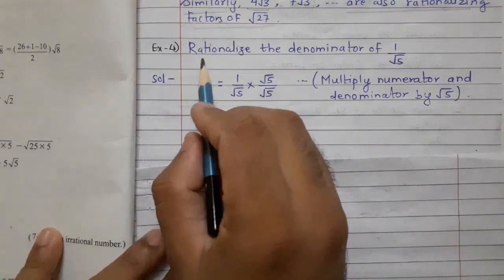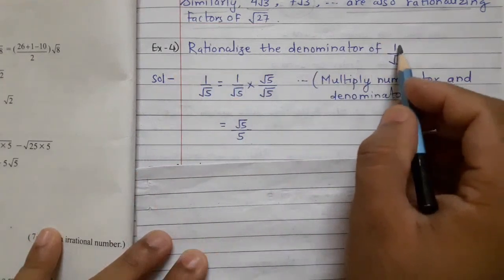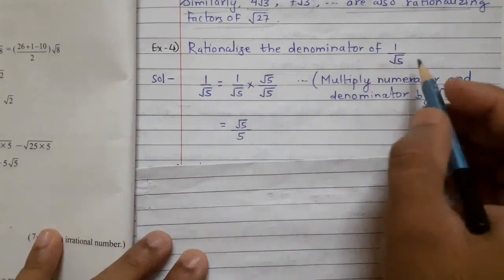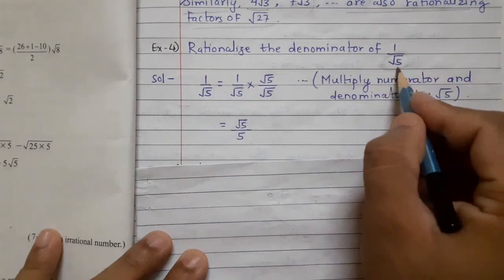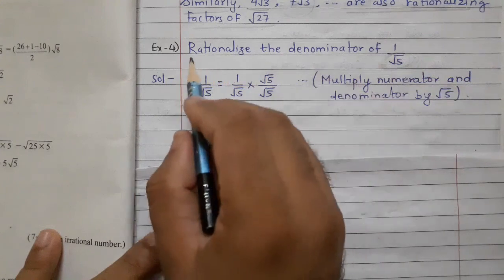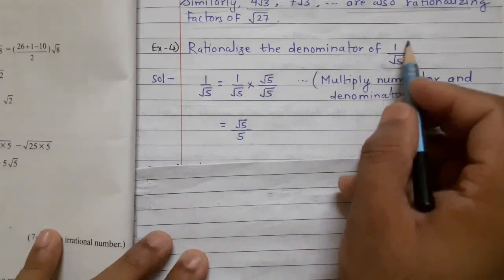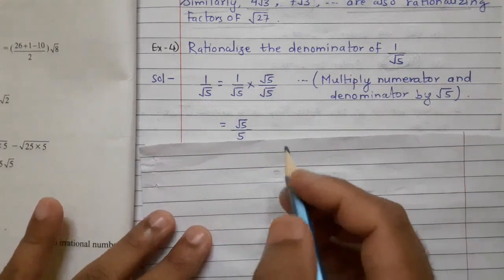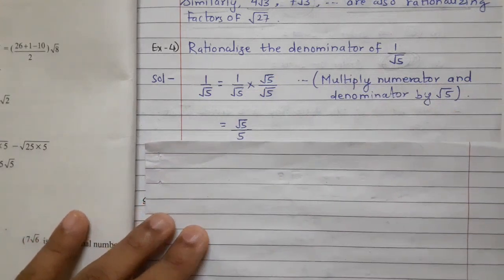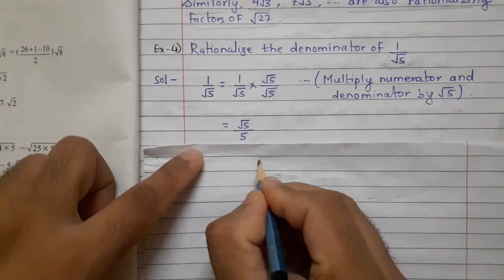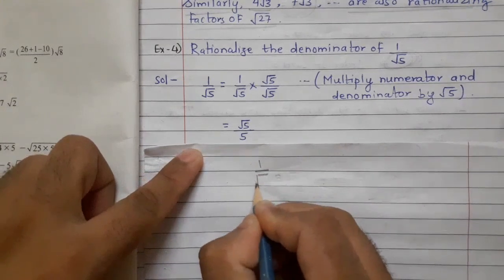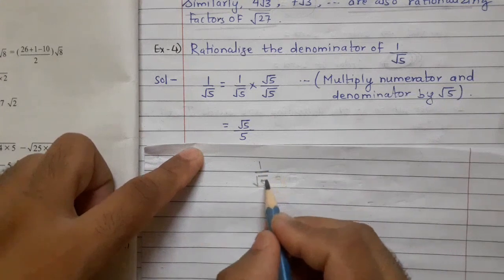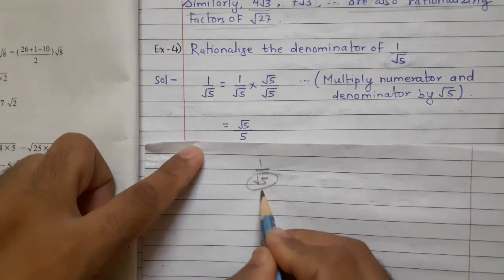Example 4. Rationalize the denominator of 1 upon square root of 5. Here we have to rationalize the denominator. The denominator is square root of 5. So write the given example, 1 upon root 5, and we have to rationalize this denominator.